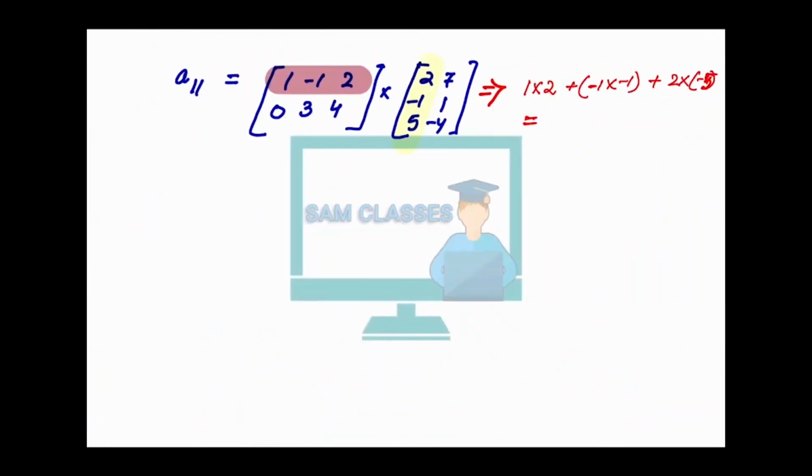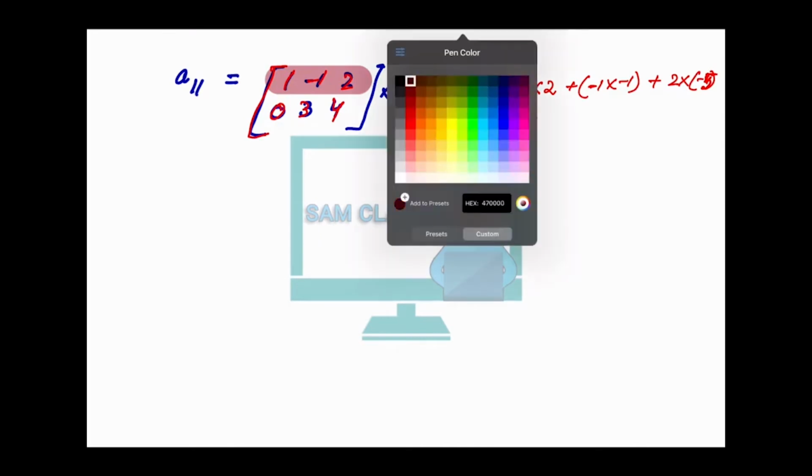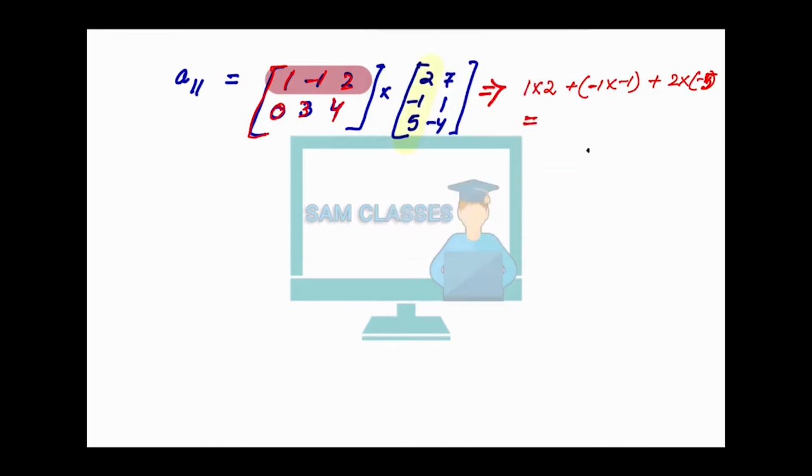So here we have in this case 1, minus 1, 2, and 0, 3, and 4. And here, let's change the color a bit, we have 2, 7, minus 1, 1, 5, and 4. We have already checked that they are compatible for multiplication. So we want to find out the first value, A11, which means first row and first column.